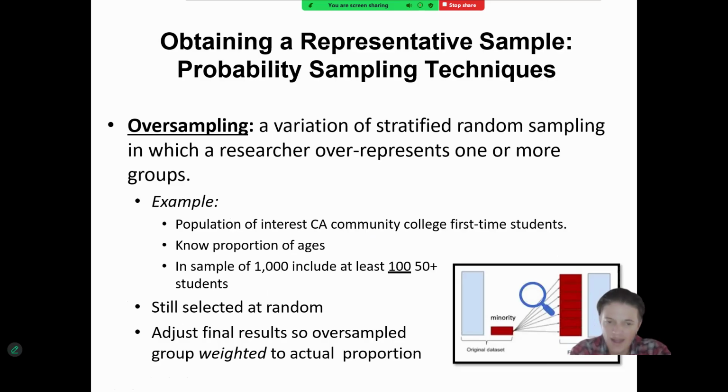So it's still random, but then what we're doing is we're oversampling to make sure that we have enough information. And then we're going to adjust the final results so that the oversampled group is weighted to the actual portion or population that we're interested in. So just another way of adjusting, given that maybe we're interested in a specific minority, we overgather and then we adjust and weight in order to make sure that we are still representative.